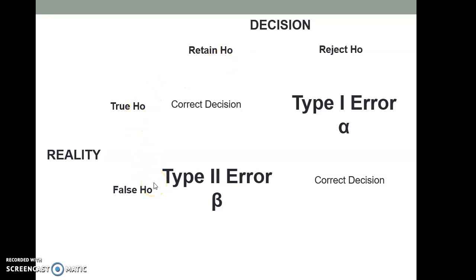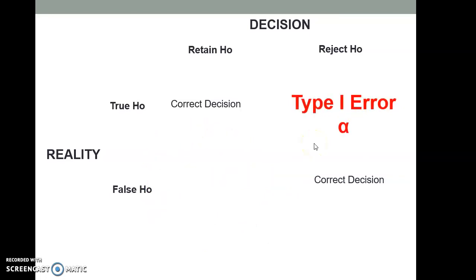So there is still a contrast, because in reality, males and females differ in attachment anxiety. But in your decision regarding the results of your analysis, you say that males and females do not differ in their attachment anxiety. That error in decision making is what we call type 2 error or beta error.